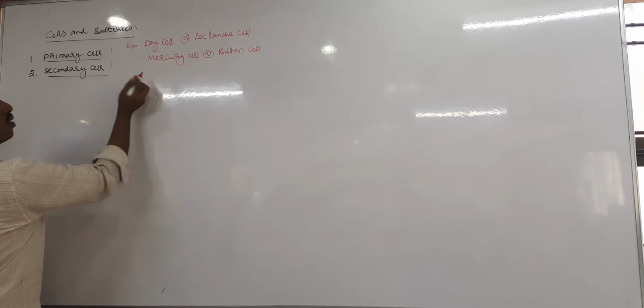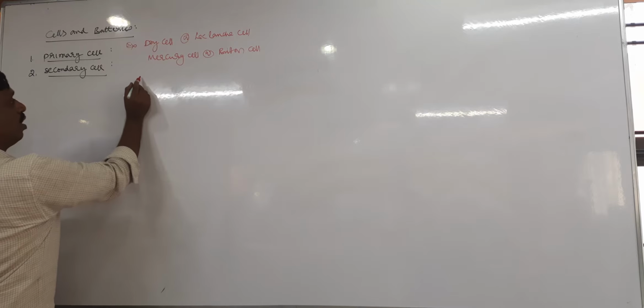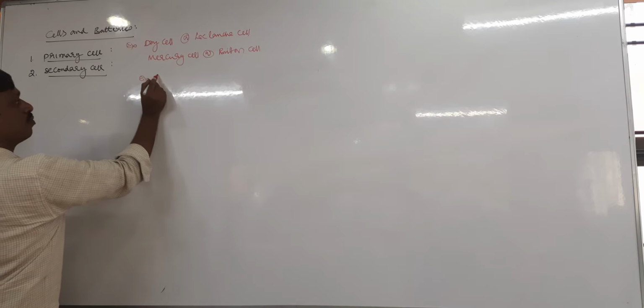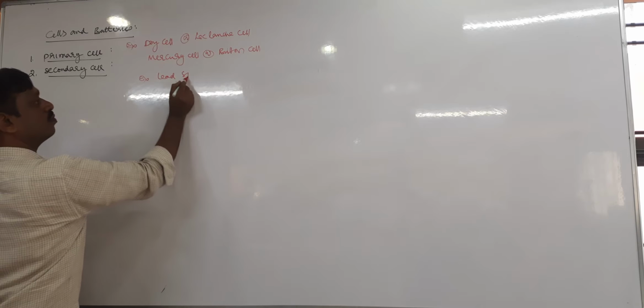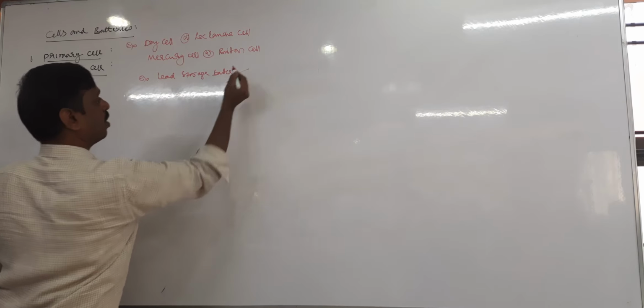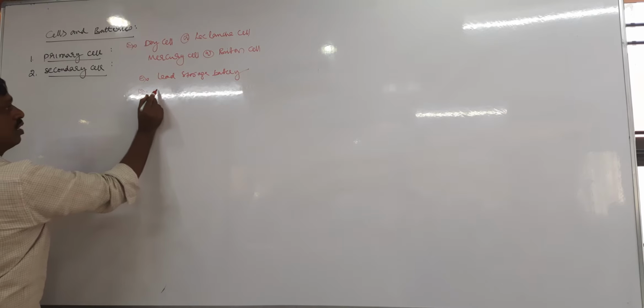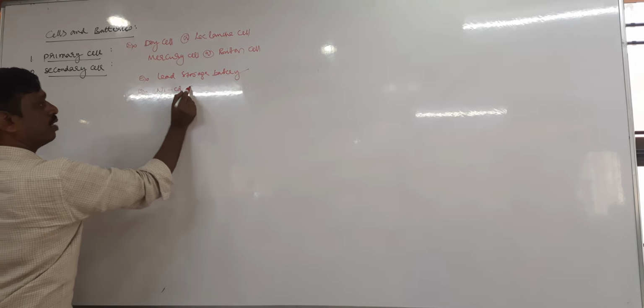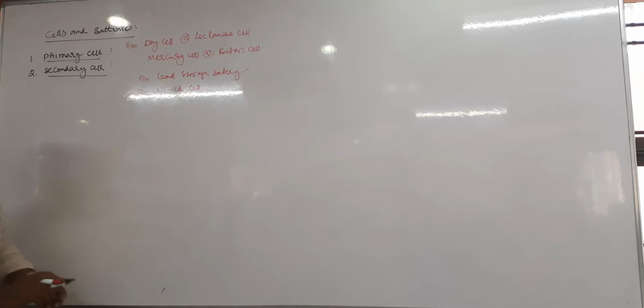One is a lead storage battery and another is nickel cadmium cell. So lead storage battery and nickel cadmium cell, these two are examples for secondary cell.